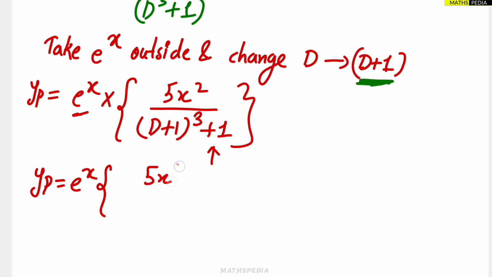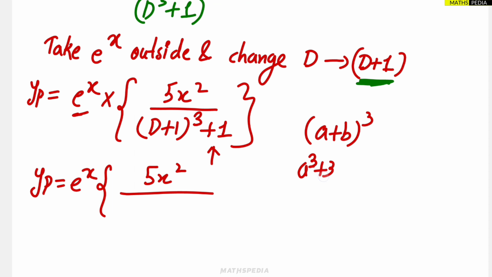solve this one. 5x square, expand the brackets, a plus b the whole cube. A plus b the whole cube is a cube plus 3a square b plus 3ab square plus b cube, I hope you remember the formula, right?